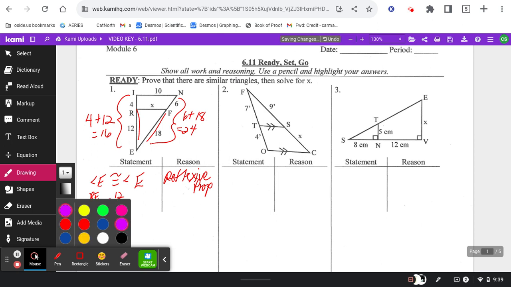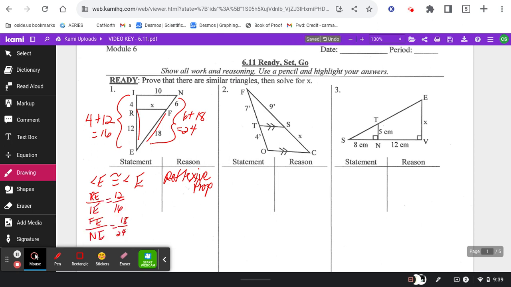Well, to see if these side ratios are equal, we need to reduce them. So let's say 4 goes into 12 3 times, 4 goes into 16 4 times, 6 goes into 18 3 times, 6 goes into 24 4 times. Notice that we get the same ratio, so we can say ratios of corresponding sides are equal.